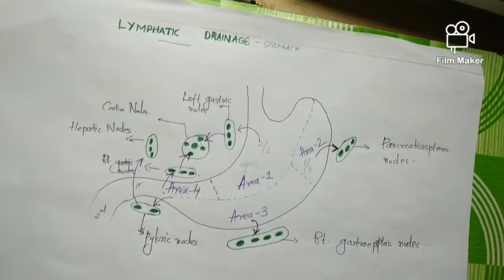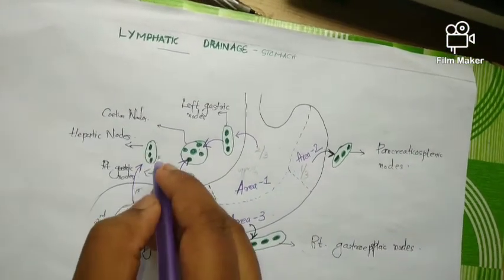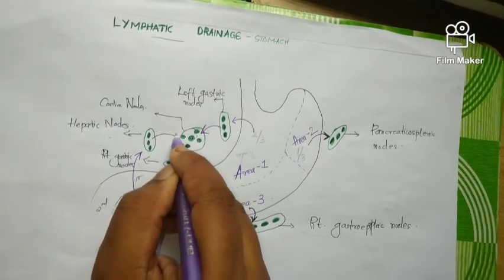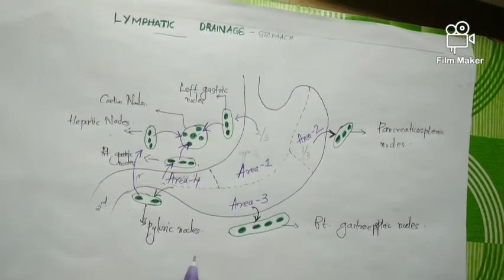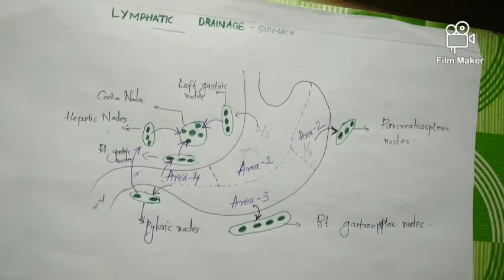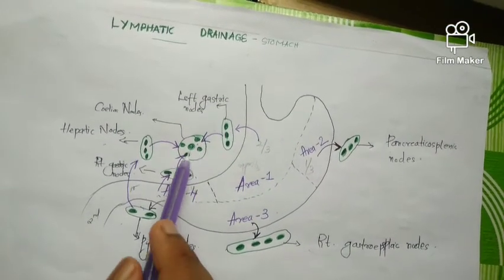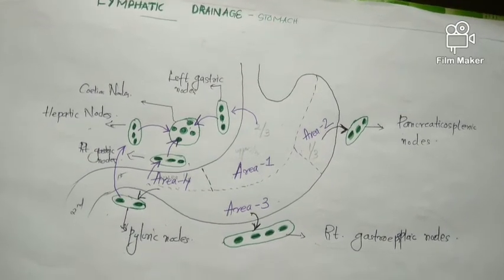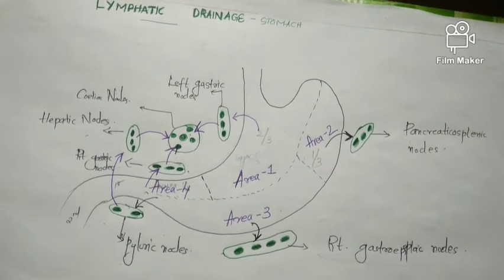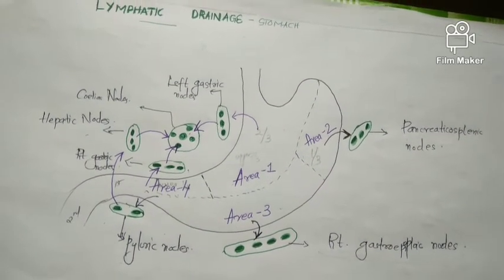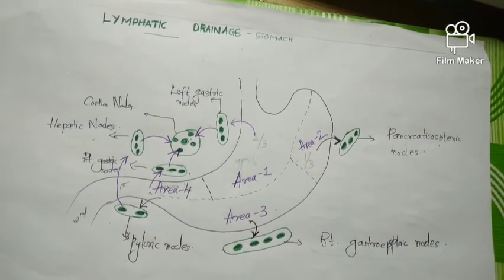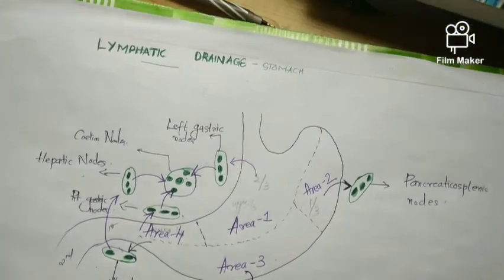Then we can see that the hepatic node also drains into this celiac node. And thus almost all lymph nodes drain into the celiac node. From the celiac nodes, lymph enters the cisterna chyli through the intestinal lymph trunk. Thus, the lymphatics of the stomach is over.